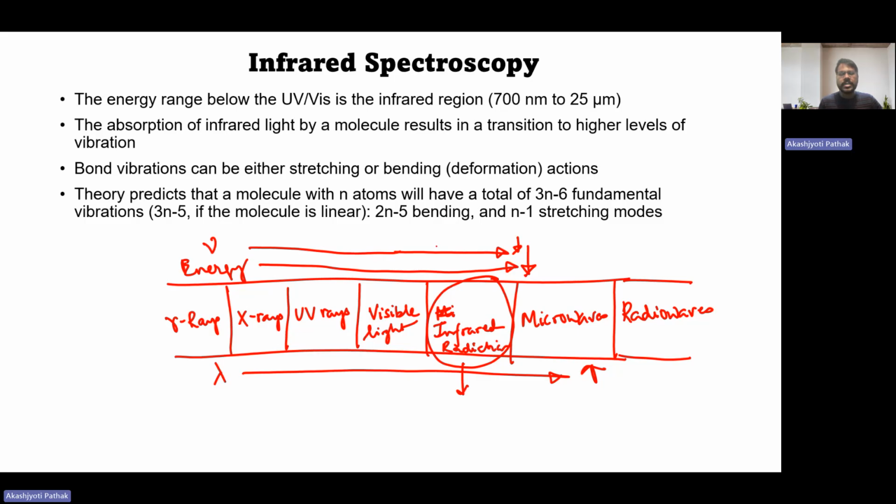Okay, so the vibrations in a molecule will depend on what functional groups are present in the molecule, what type of bond is present, and what the strength of that bond is.